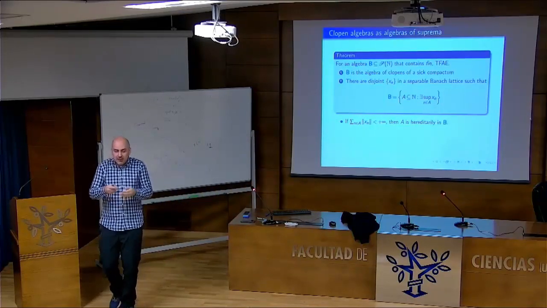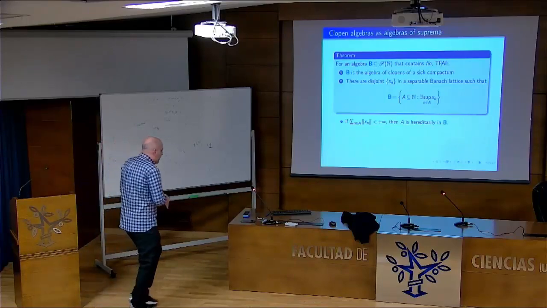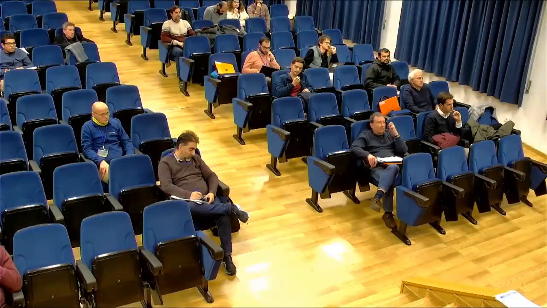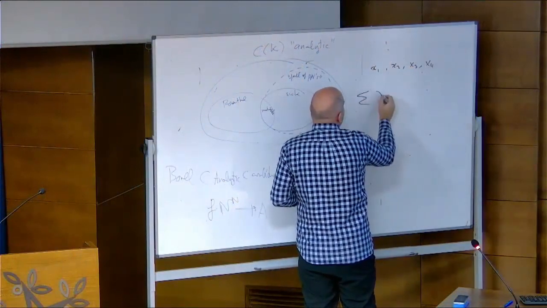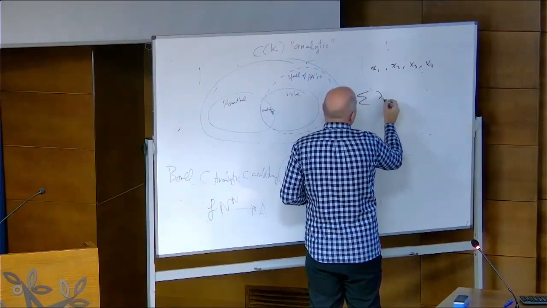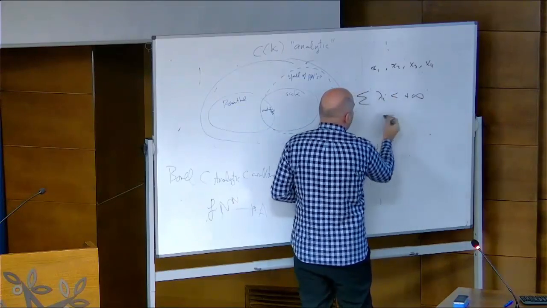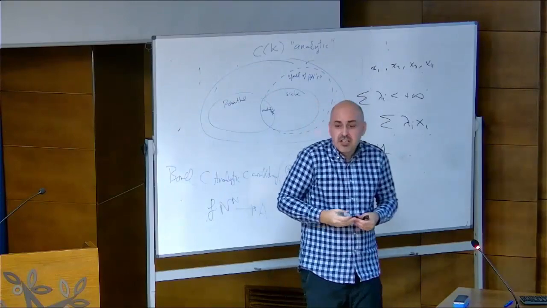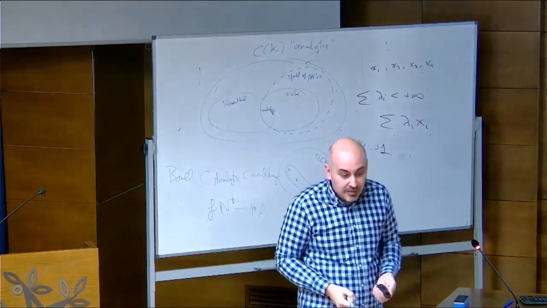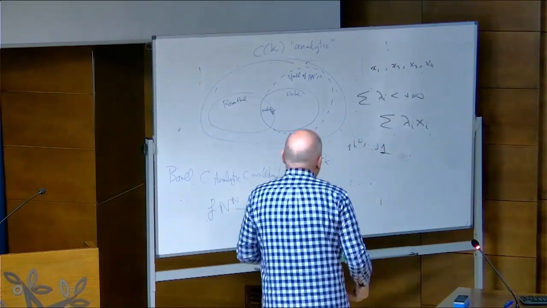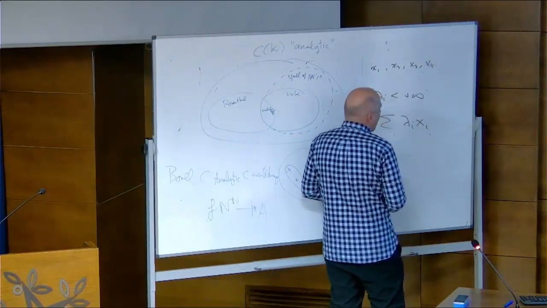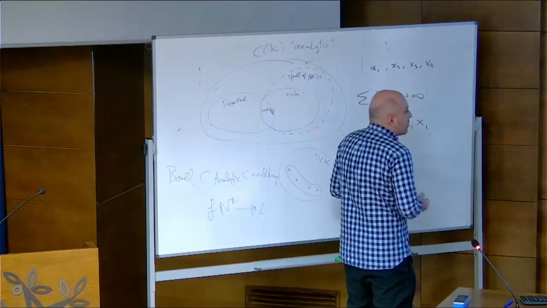Then, if you have disjoint positive vectors, and I take scalars that are summable, then I can always produce this vector here. This is general Banach space theory. But actually, in this case, if these are disjoint vectors, this sum coincides with the supremum.